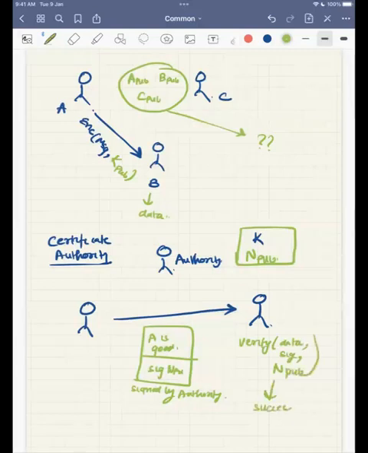Only if it is success, it will transfer it over the wire. So this is how A can transfer the message to B over the internet.